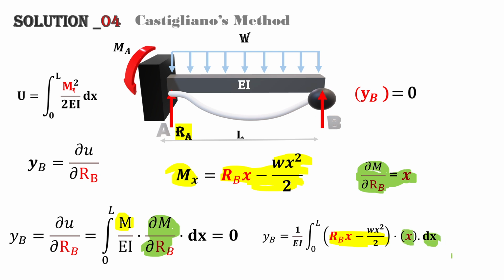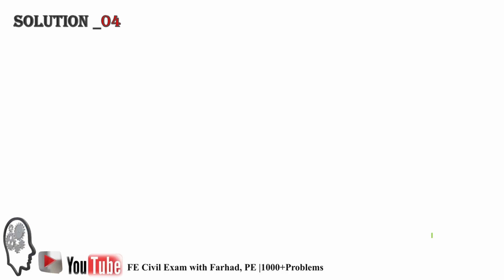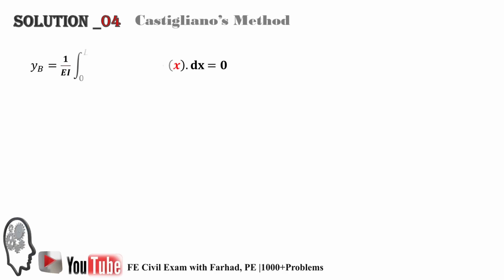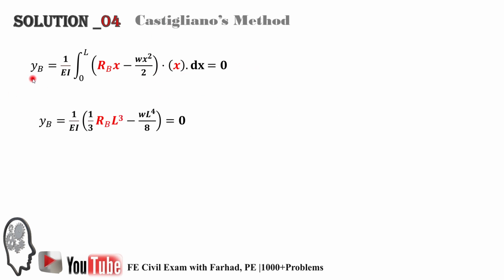Then integrate our equation dx. If you do the math, it gives you YB is equal to, taking the constant out of the integration, 1 over EI, integration from 0 to L of RBx minus Wx squared over 2 times x dx, equal to 0, because we know that the deflection at B is equal to 0.